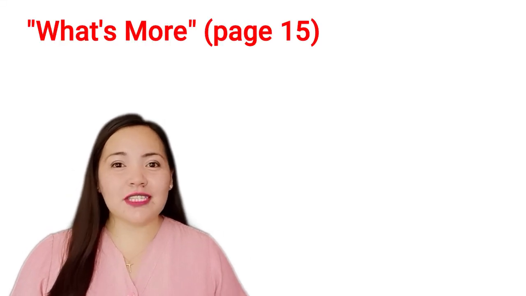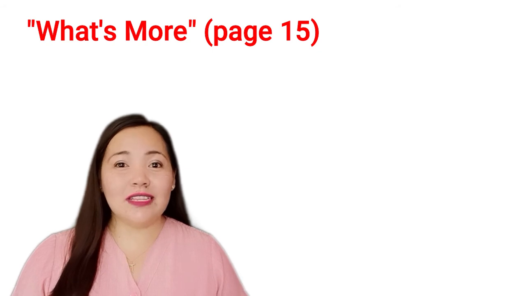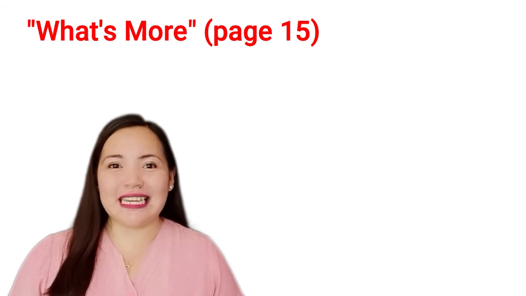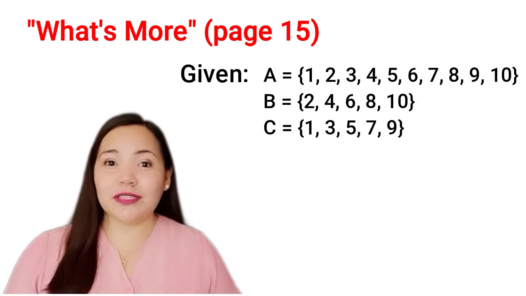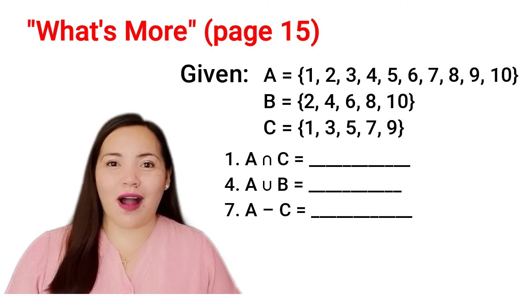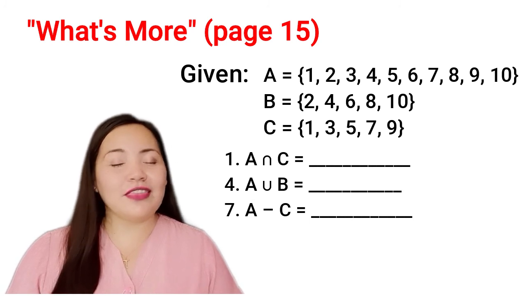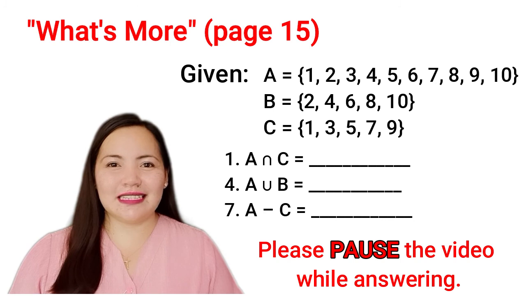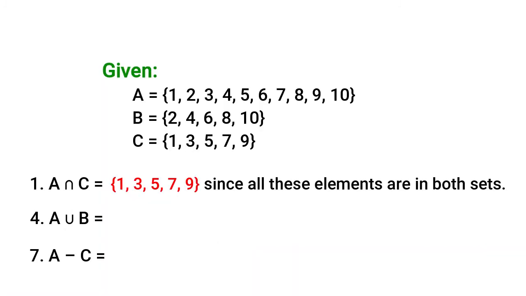Okay, let us try to answer What's More in your module, page 15. We will do numbers 1, 4, and 7 together, then you will do the rest. Number 1, A intersection C is equal to {1, 3, 5, 7, 9}, since all the elements are in both sets.